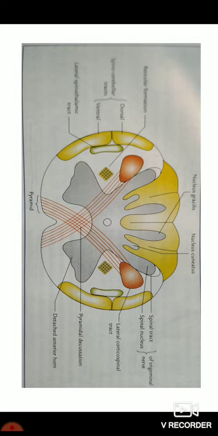In doing so, the anterior horns are detached from the central gray matter. The detached anterior horn will form the spinal nucleus of the accessory nerve. The spinal nucleus of the accessory nerve will extend up to C5.